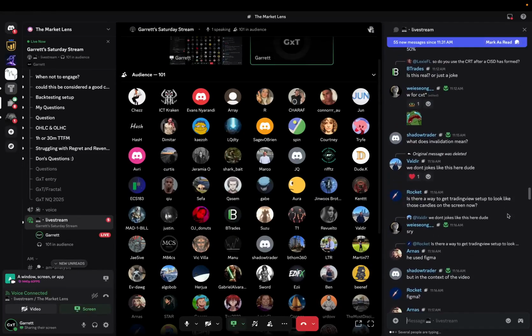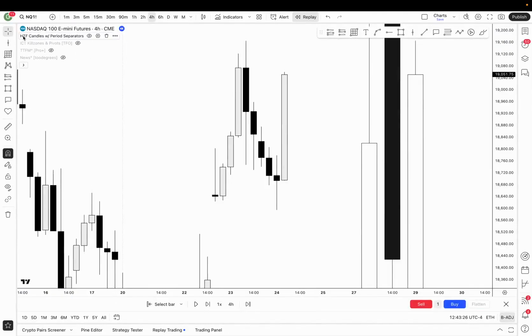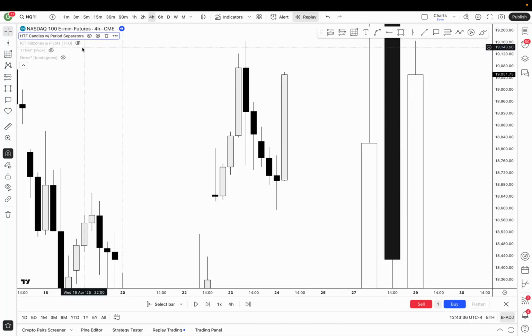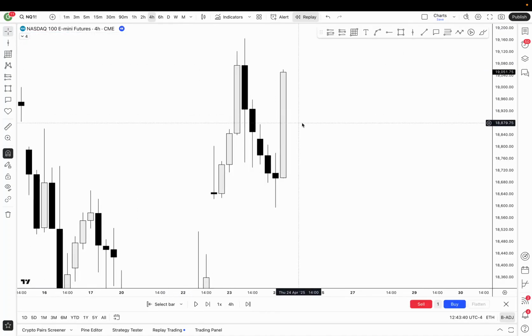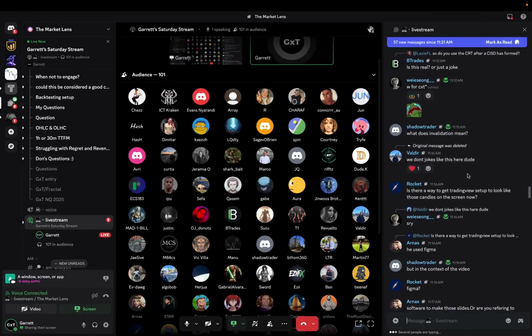Is there a way to get TradingView set up to look like those candles? Oh yeah, this is an indicator. Someone can probably share it with you, but this is like a paid one. If you look up this, apparently it doesn't pop up. I got this from T in his channel, so it must be some paid version or something. I don't pay for it, but there's a link that someone can share with you, but yeah, it's just an indicator.